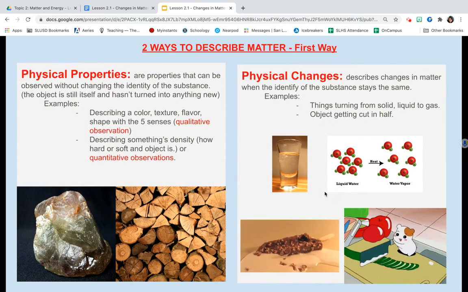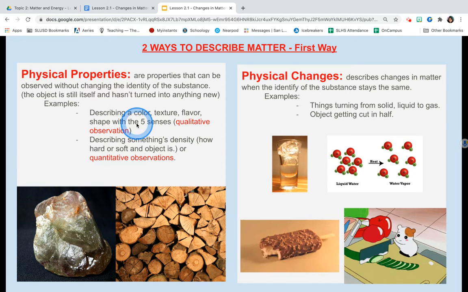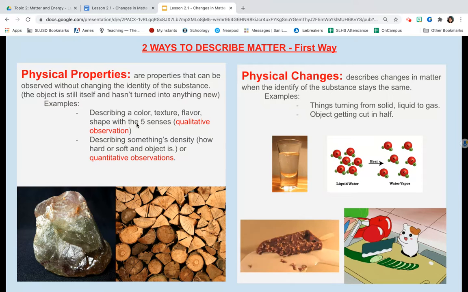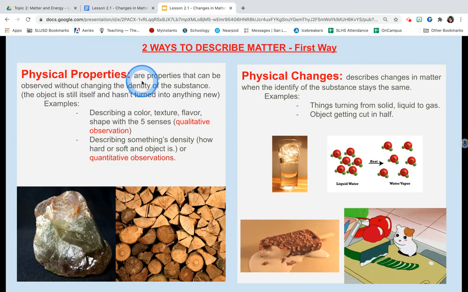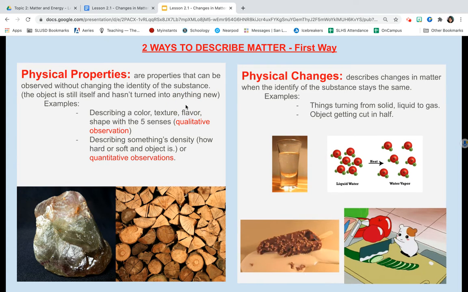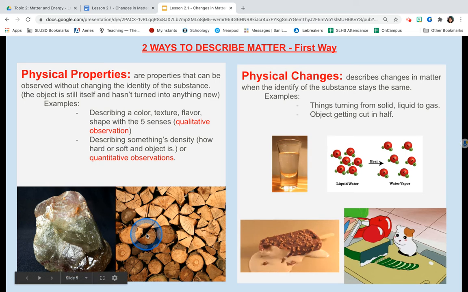right? So, when we're using quantitative or qualitative observations to describe something, we're often describing their physical properties. So, physical properties is just a fancy way of saying what the object normally looks like, right? So this object hasn't changed or turned into anything new, it's still that object. So for example, if I look at a piece of wood, a type of wood is always brown, right?